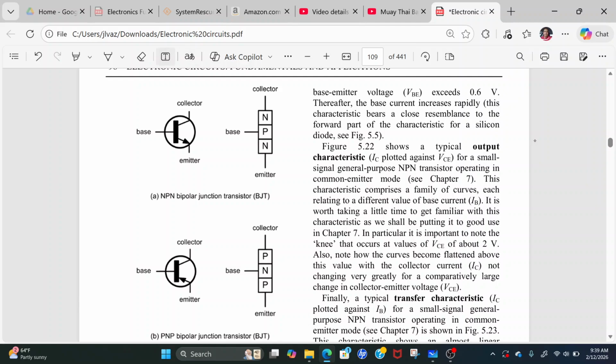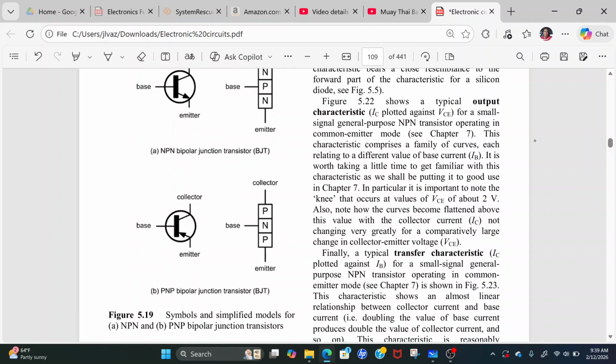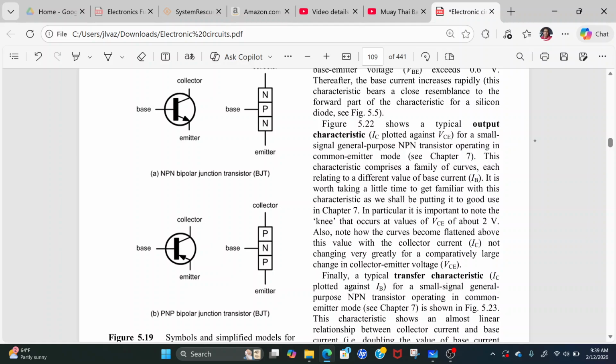Figure 5.19. So notice that this here is the collector, base, emitter junction. Each junction constitutes a PN junction. The base-emitter is a PN junction, and the collector-base is also an NP junction.